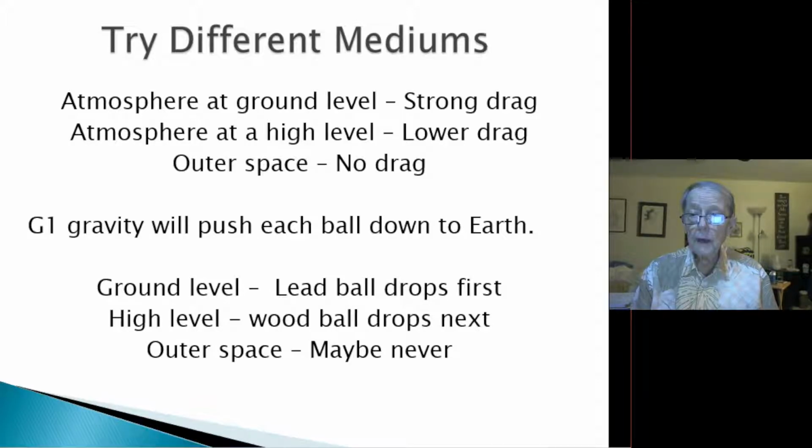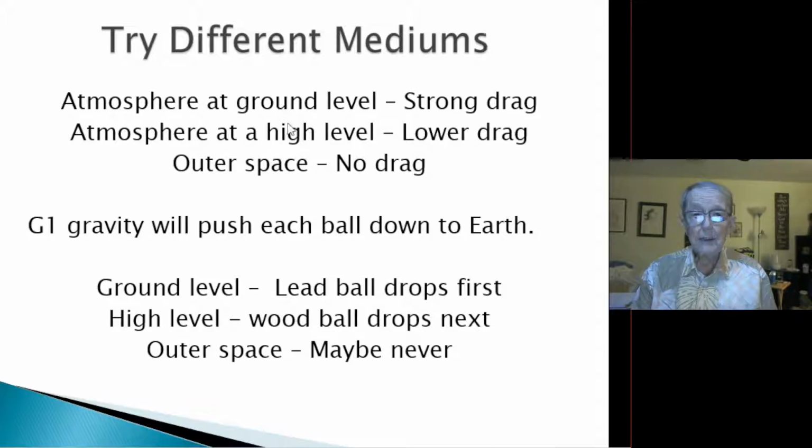If it's not the force gradient, then maybe it should be the drag that I should have picked as my example for supporting G2 gravity using G1 gravity. So we tried different mediums.